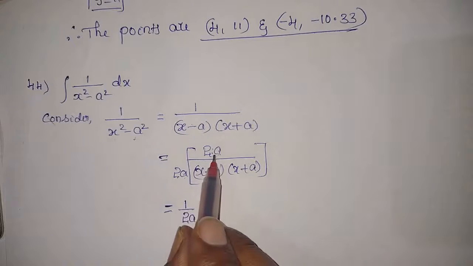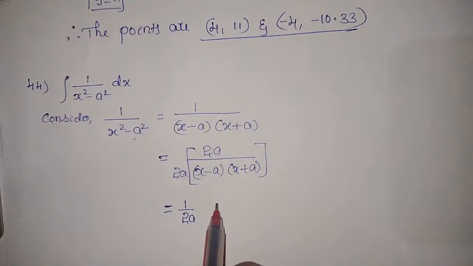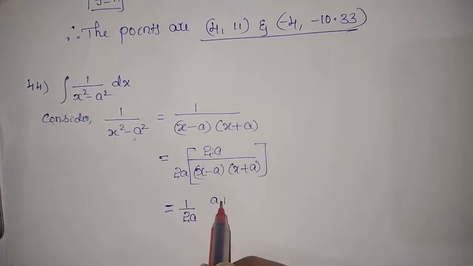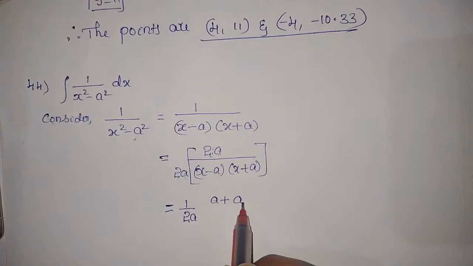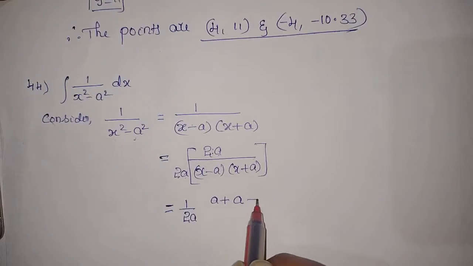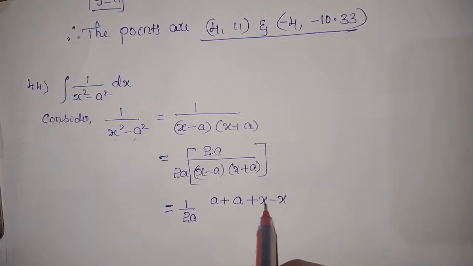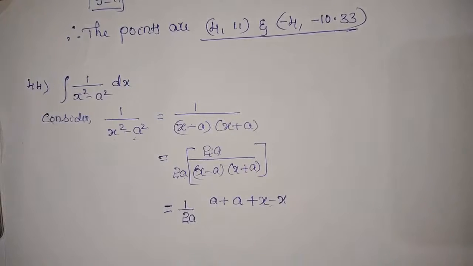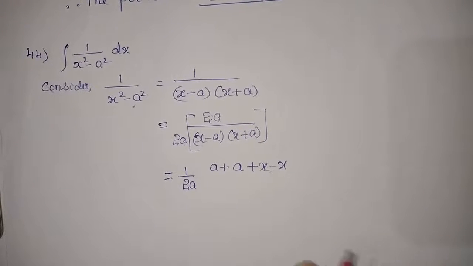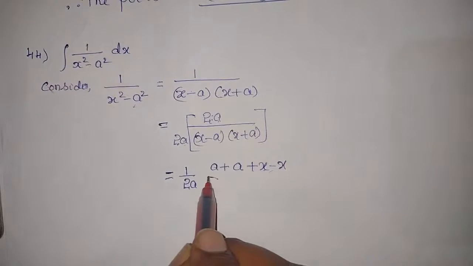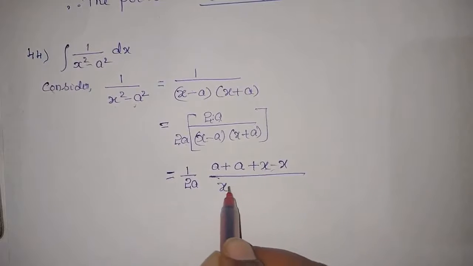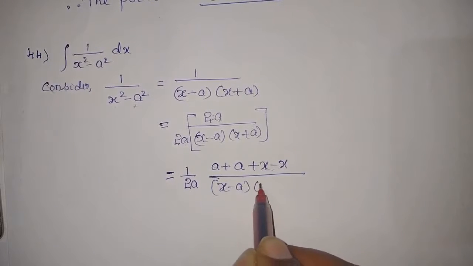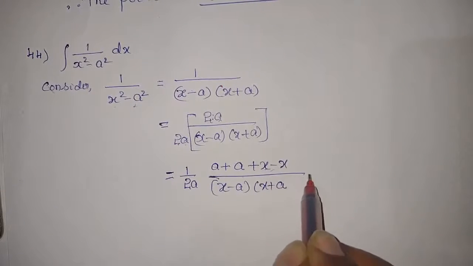The numerator can be rearranged again. The numerator: a plus a means 2a, and plus x and minus x cancel. If plus x and minus x cancel, we get the same 2a, whole divided by x minus a into x plus a.